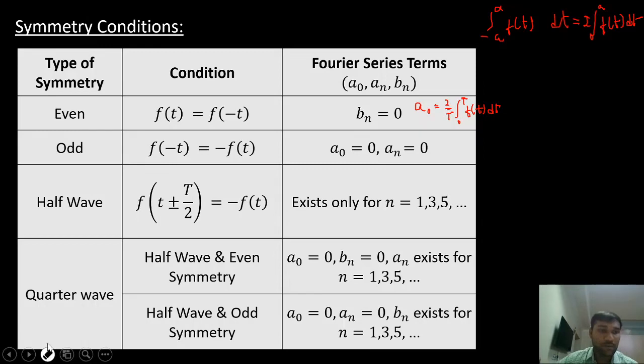It will be equal to what An originally is, 2 by T into integral 0 to T. So here it is 0 to T by 2, right? Let me write it again. It's not very clear.